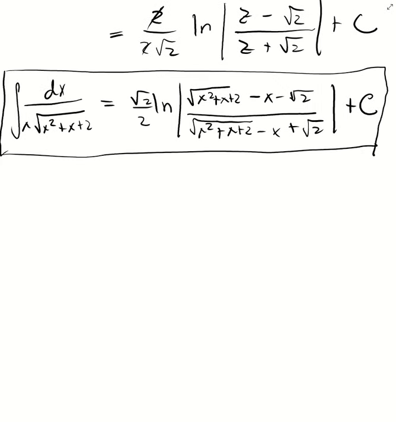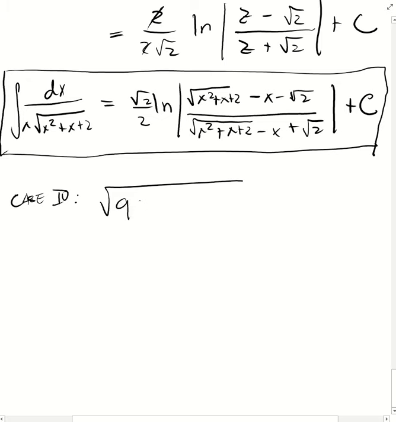if the integrand contains this form, case 4, q plus px minus x squared.